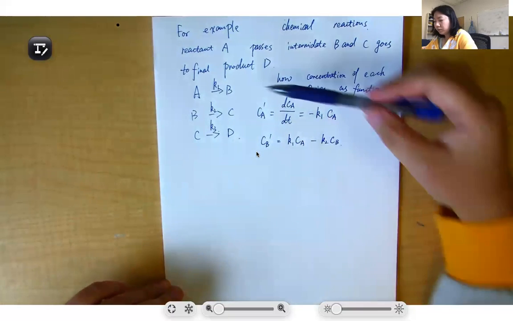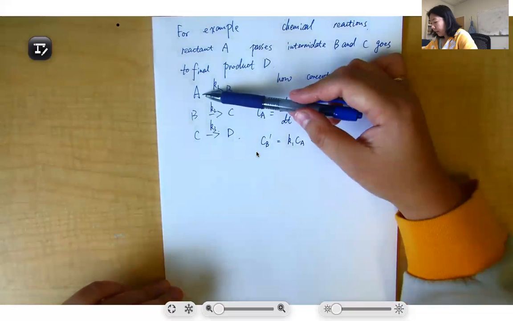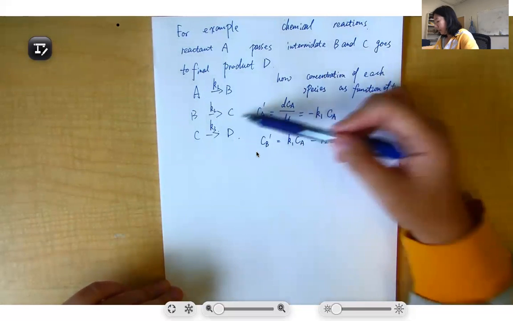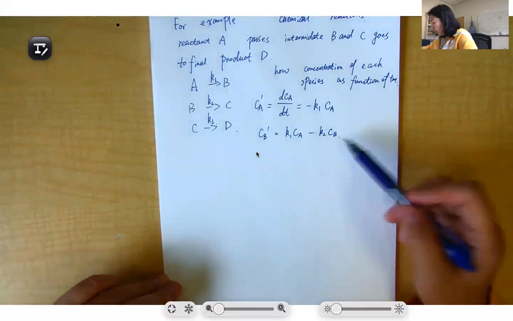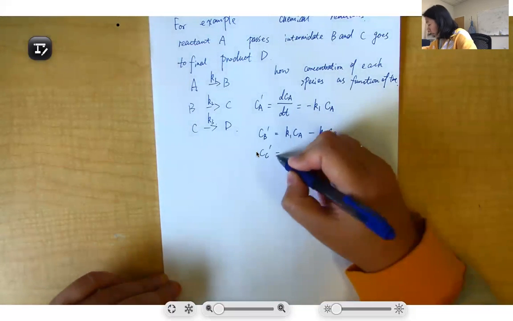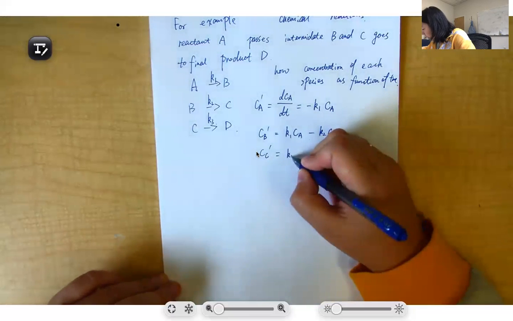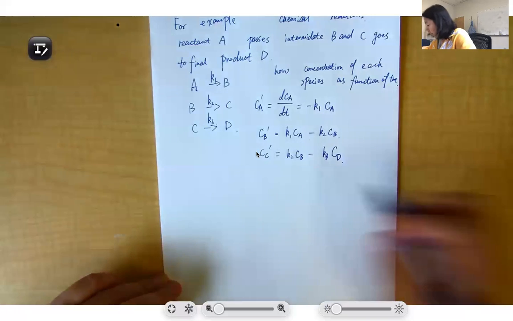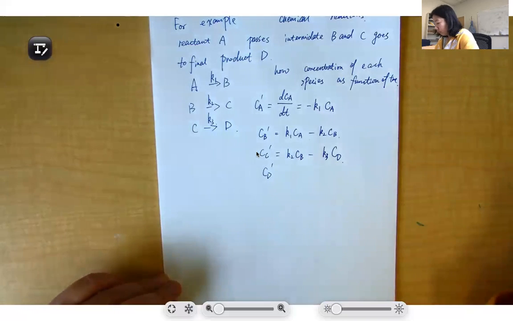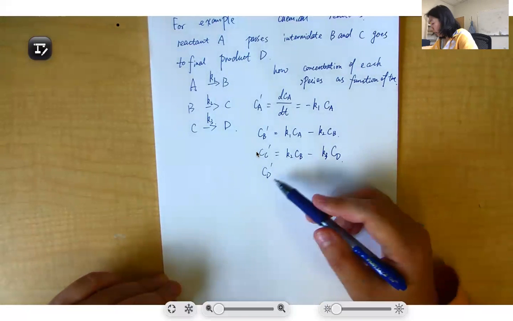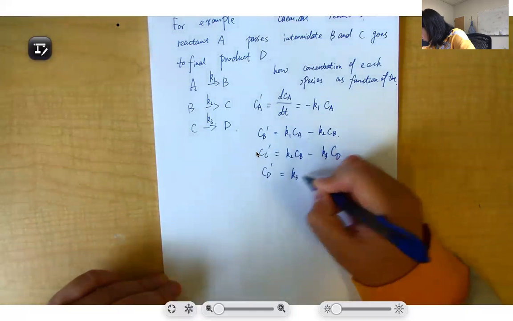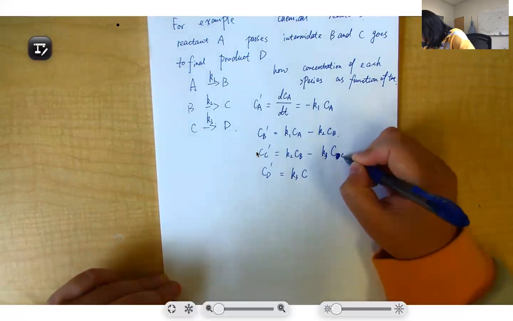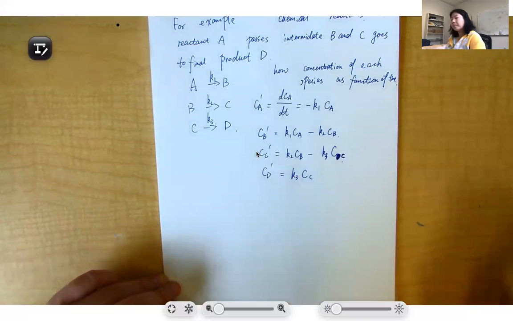So the intermediate B will be generated from A, but B will be consumed to generate C. So there will be the minus k2 CB part. There is also CC prime, which will be equal to k2 CB minus k3 CC, right? And then you have the final product, the concentration of D change as a function of time will be equal to k3 CC.